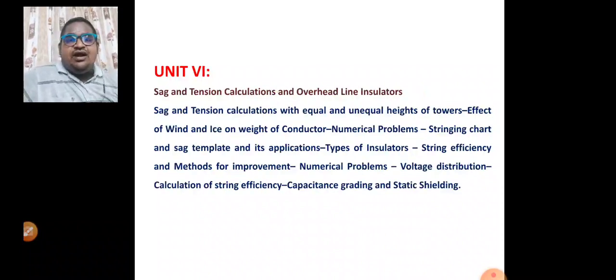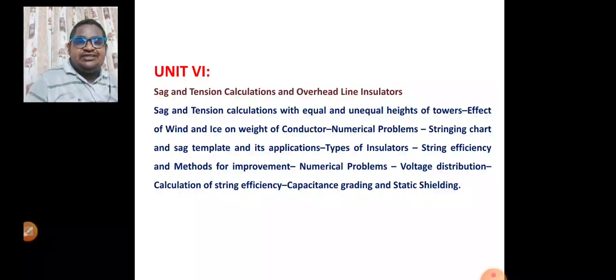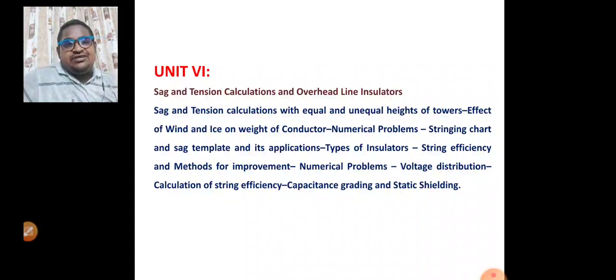And the last unit is sag and tension calculation and overhead line insulators. Generally in the previous regulation, these were two units: insulators was one unit and sag and tension calculation was another unit. But here these two are merged.